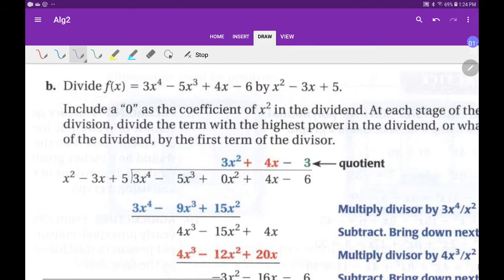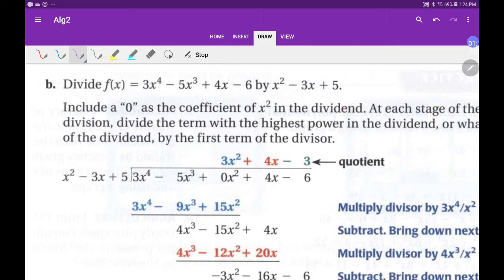So there's this other way that seems a lot more reasonable. And what we do is we say, how many times would the first thing go into the first thing? And we say, well, what would I need to get x squared to become 3x to the 4th? Well, I'd need a 3, and I'd need x to the second power. So when I multiply these together, I end up with what I write down here, okay?